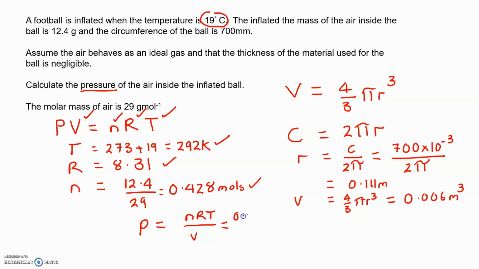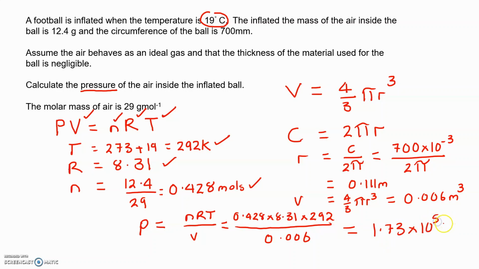So that's 0.428 times 8.31 times the temperature, 292, divided by the volume that we have just calculated, which gives you a final answer of 1.73 times 10 to the 5 pascals.